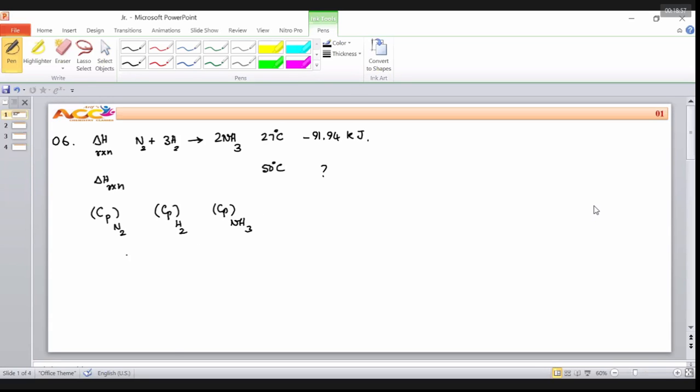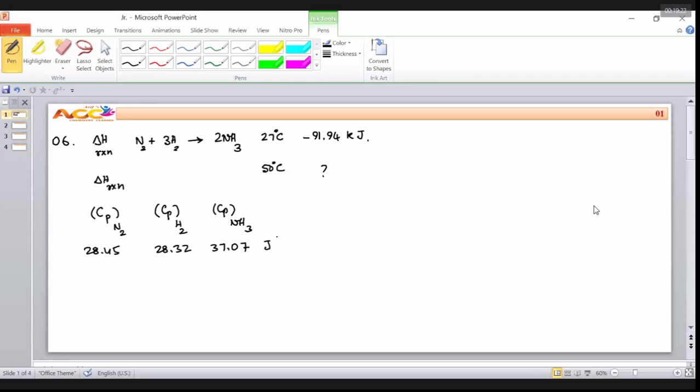Below write down the values: 28.45, 28.32, and 37.07. Okay. Joules, take care of the word joules, right? Molar heat capacity is given.